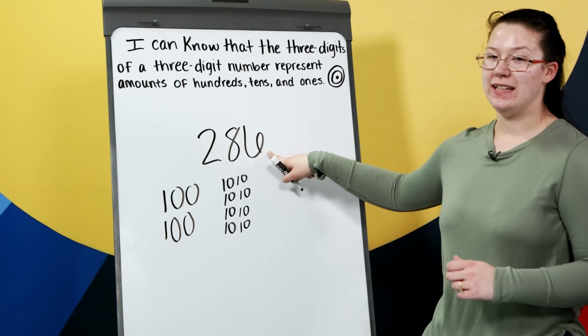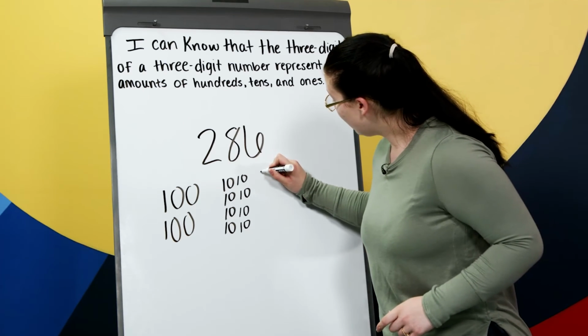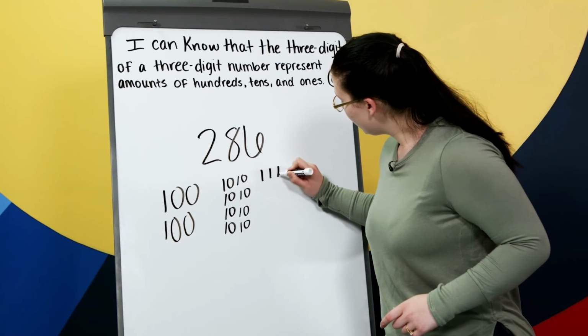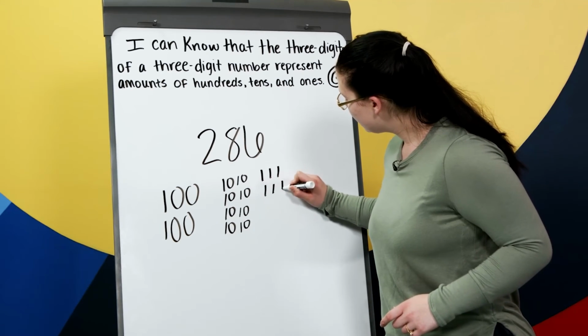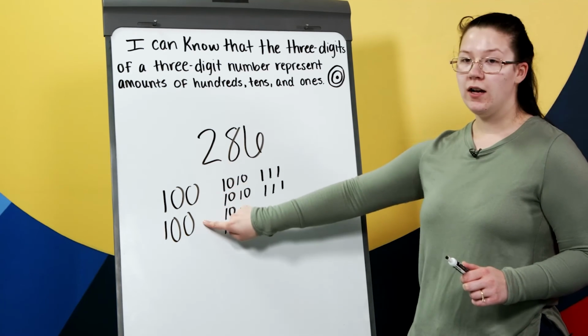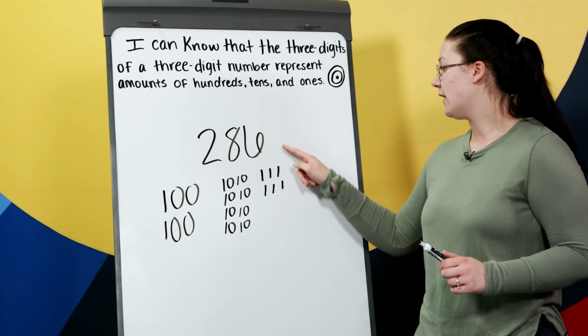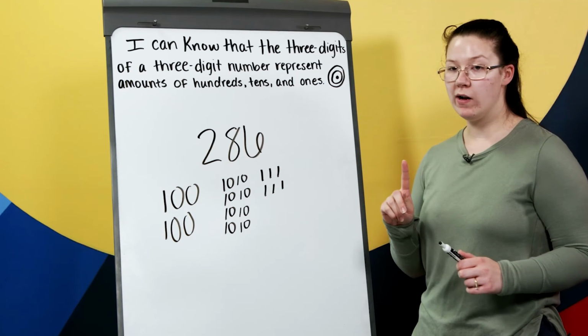And then we have our 6, who's our best friend because it just means what it is. It's just 6. So I have 1, 2, 3, 4, 5, and 6. So our 2 represents 2 hundreds, our 8 represents 8 tens, and our 6 is 6 ones.